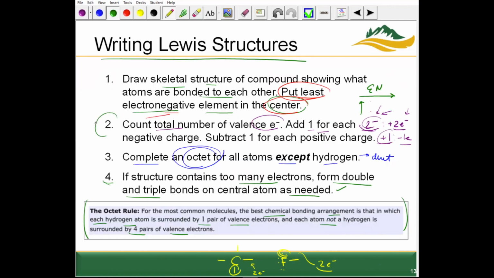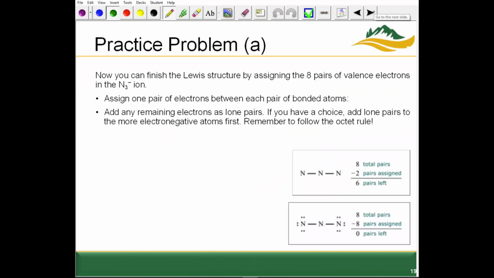So next now would be counting the total number of valence electrons, and we need to be sure to account for, is it an anion or a cation or neither? So N3 with a minus charge, each nitrogen has 5 valence electrons based on nitrogen's placement in the periodic table.